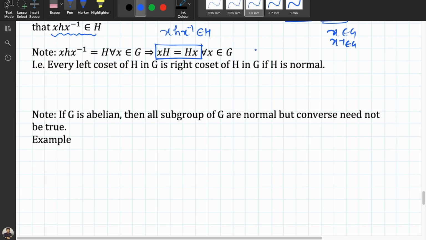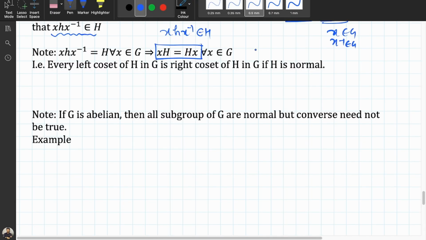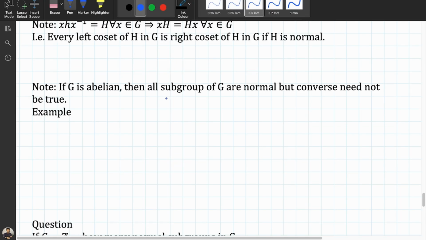Simply put, in any group, if every left coset and right coset are equal, then the subgroup is normal, if and only if. And if G is abelian, then all subgroups of G are normal.